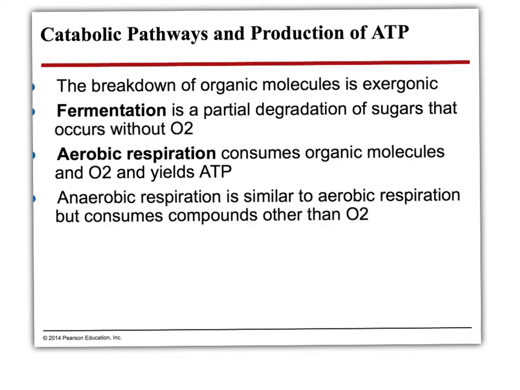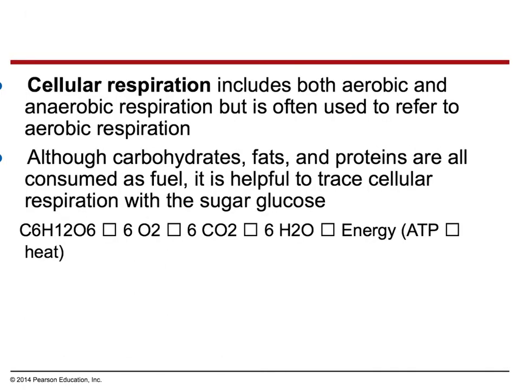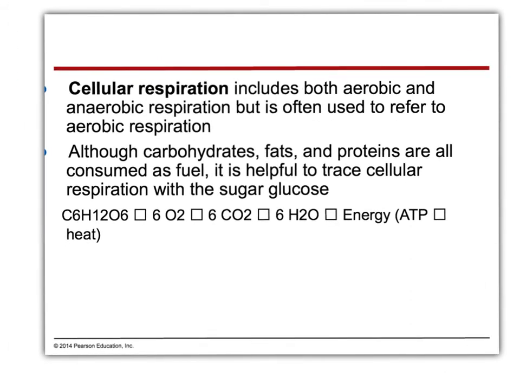Okay? That is a different process than fermentation. So really, three different processes for making ATP. We are concerned with cellular respiration first because it is the one we use. It includes both aerobic and anaerobic pathways, or parts of the whole system. Some are aerobic, some are anaerobic.